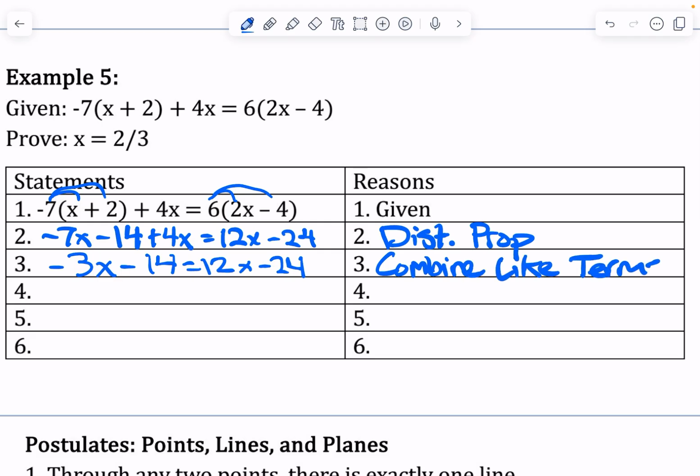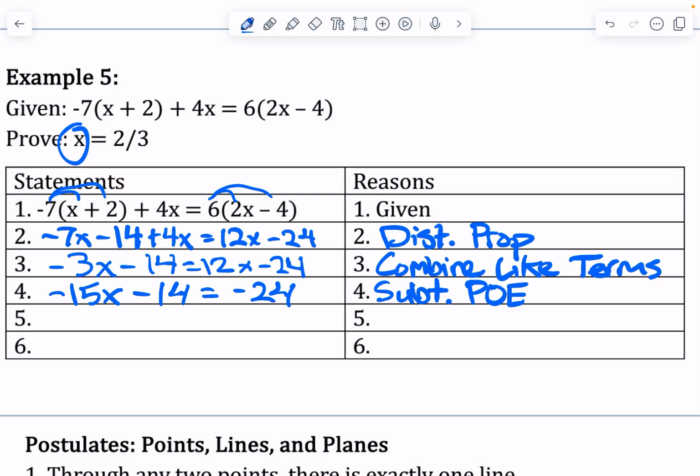Again, that's not in our notes earlier, but that's just a common step that we've done before. I see the x on the left side in my proof, so I'm going to move the 12x to the left. So I'm going to get -15x over here minus 14 equals -24. And I moved that by subtracting it, so that's subtraction POE.